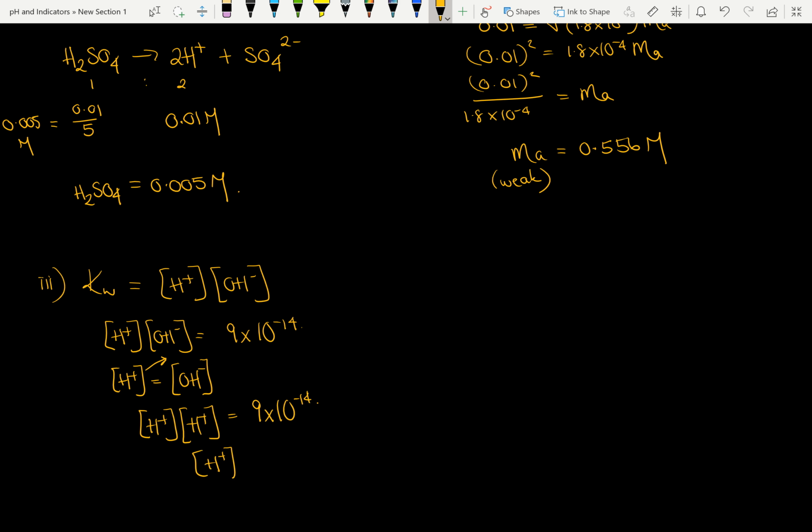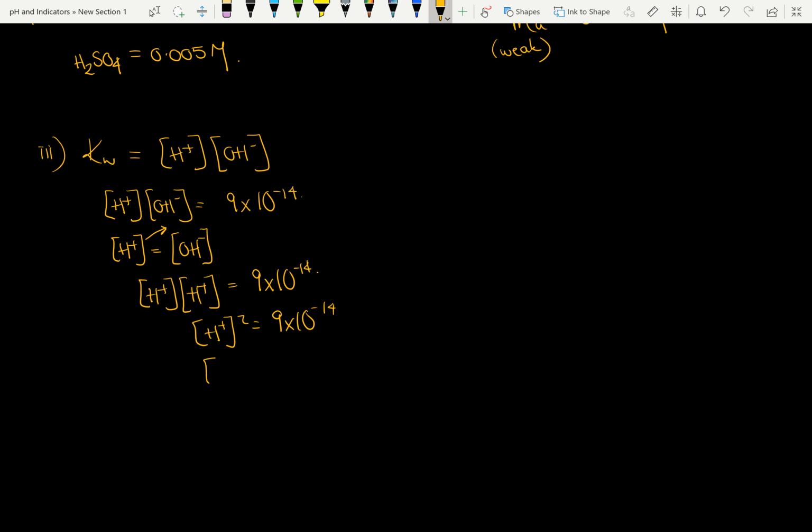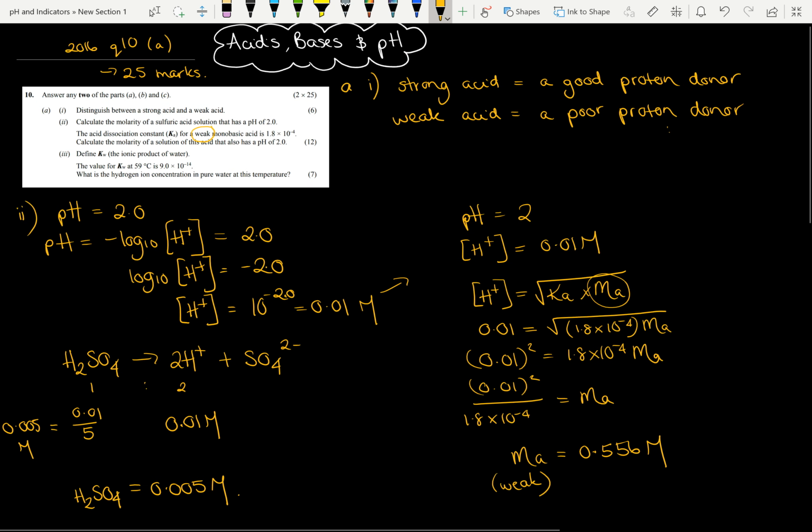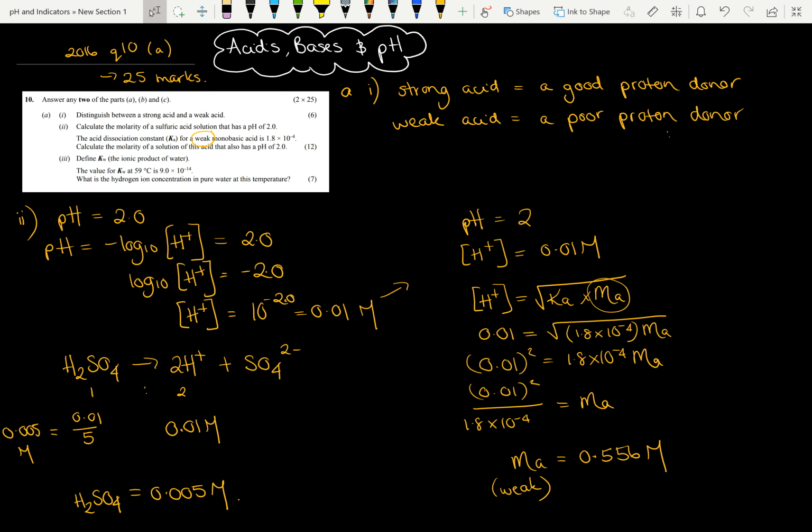So let's just rewrite that as H plus squared is equal to 9 by 10 to the minus 14. So in order to find the hydrogen ion concentration, we're going to square root 9 by 10 to the minus 14, and it's going to give us 3 by 10 to the minus 7 moles per litre of our hydrogen ion. So that was a nice little 25 mark question in 2016.